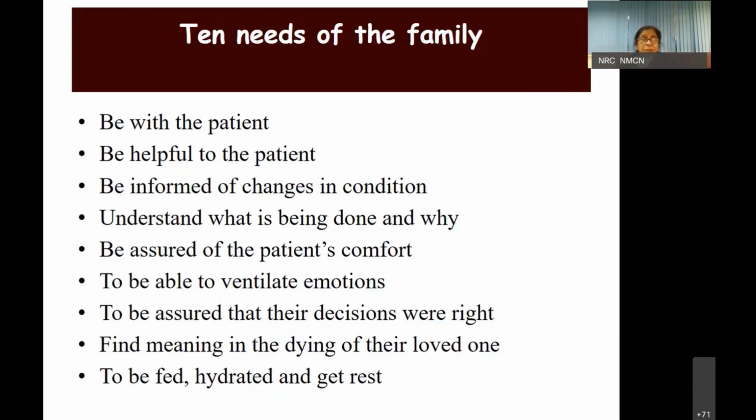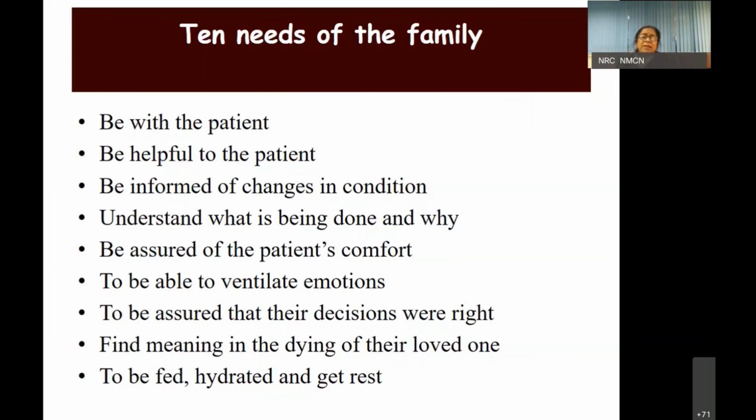Inevitably there is some regret, some guilt we all have when we lose our family member. So if they share with you, at least give them that thing that they don't live with that guilt or regret all their lives, if you can help it.